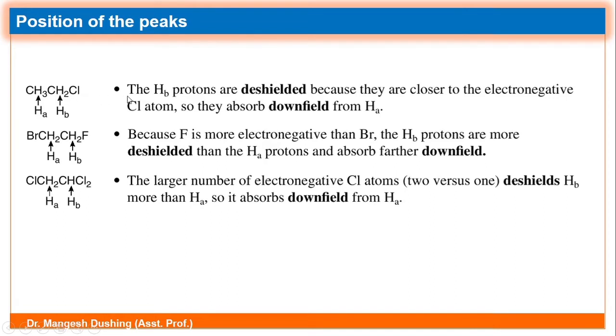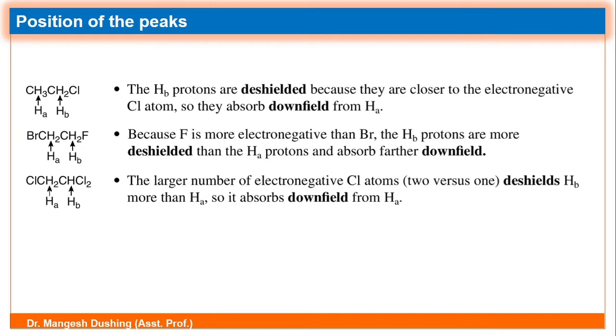So the Hb protons are de-shielded because they are closer to the electronegative atom. So they absorb at downfield from the Ha, towards the left hand side in a spectrum. While methyl, that is the Ha protons, are towards the right hand side as compared to the Hb.